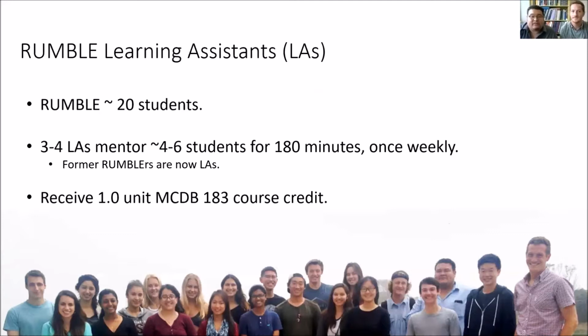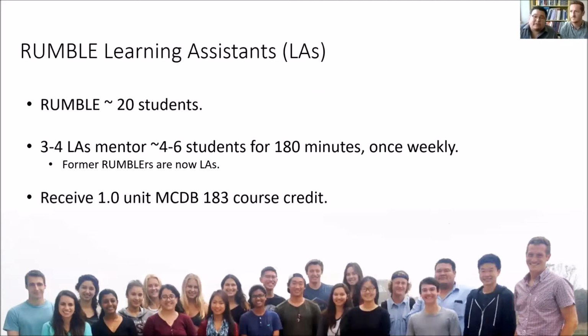Yes, so they receive 1 unit of MCDB 183 course credit. And I was saying that I love this picture because we have these two people here. I don't know if you can see it. The 2 people on the right corner of your screen are our LAs for this particular cohort, our first cohort.